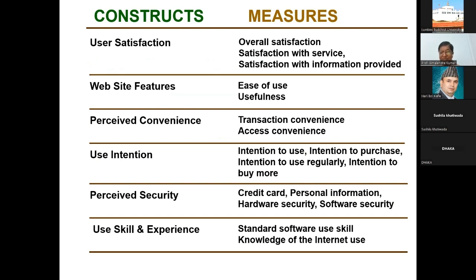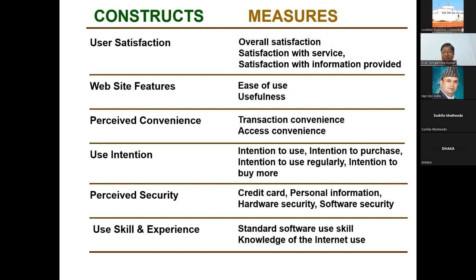These are some of the features related with user satisfaction: overall satisfaction, satisfaction with service, satisfaction with information provided; website features: ease of use, usefulness; perceived convenience: transaction convenience, access convenience; use intention: intention to use, intention to purchase, intention to use regularly, intention to buy more.